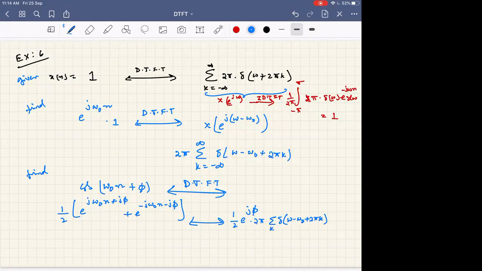Plus the second term, half into what is the second term? e power minus j phi. Fine, hopefully you might have seen this before. You can simplify these things to 1 by 2 and so on.